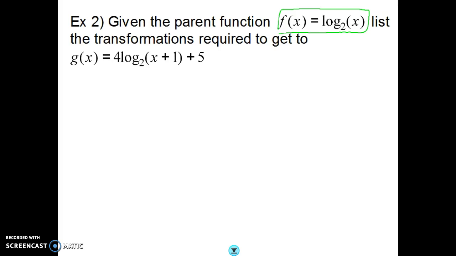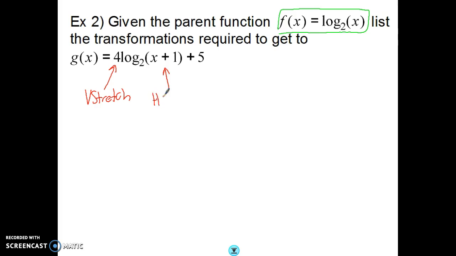So first I'm looking, I have this 4 way out in front of my entire function. So when I'm multiplying by something way out front, that tells me that I'm doing a vertical stretch. Again, looking inside of my function here, right when I have this x plus 1, that tells me that I'm doing a horizontal shift, right?